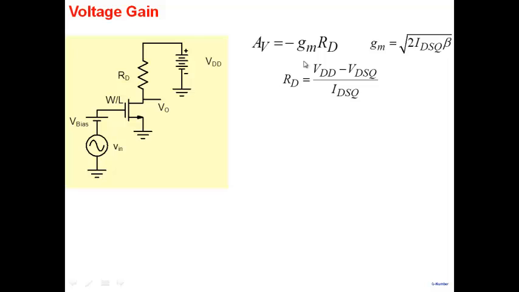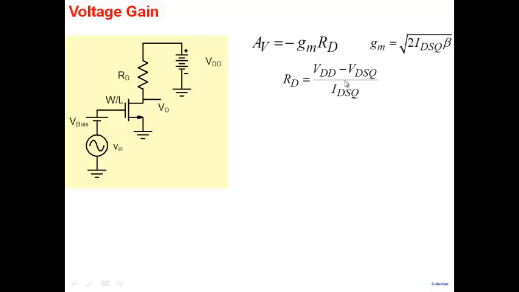So let's look at how one can increase gain in a MOSFET amplifier. So AV equal to minus GM RD, and so we have two terms by which we can increase gain. GM is one, the other one is RD. Let's look at GM here. GM is square root of 2 IDSQ times beta. Okay, and RD that you see here is nothing but, VDD is the supply voltage here, VDSQ is the voltage here.